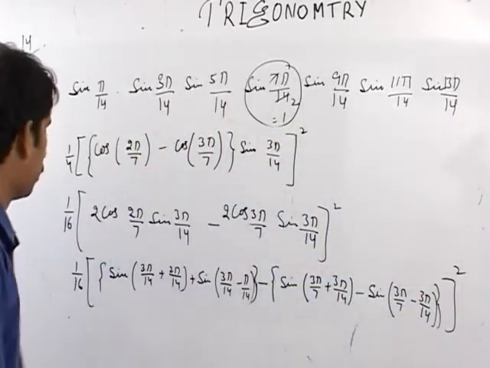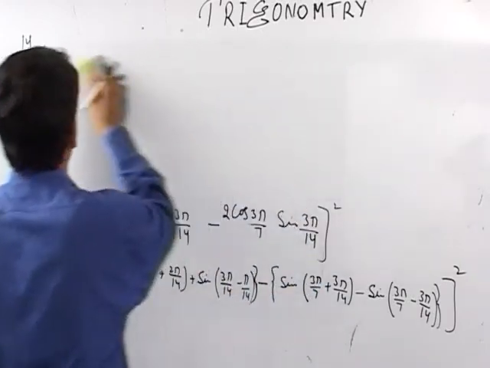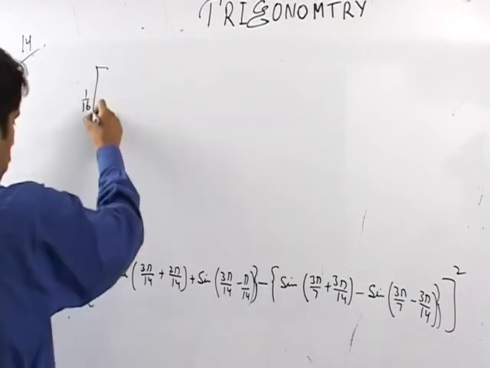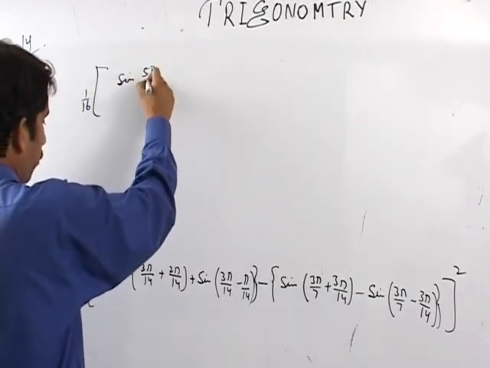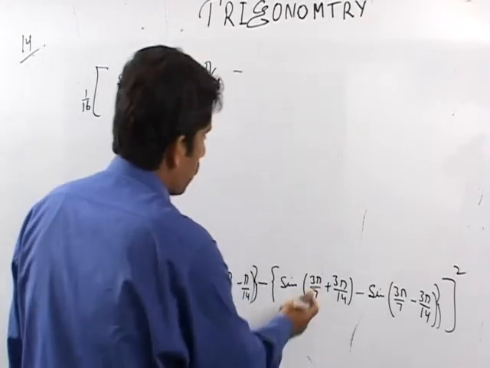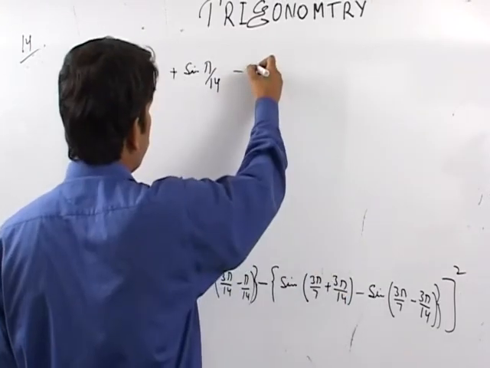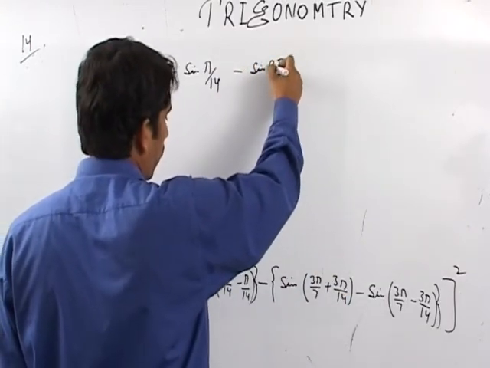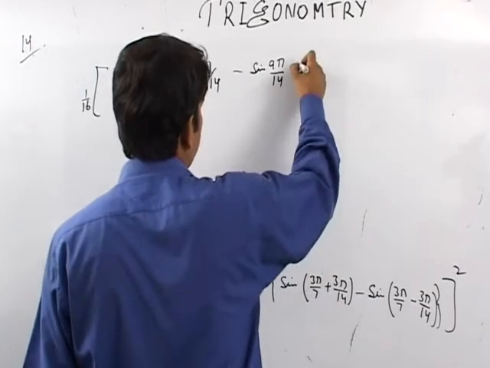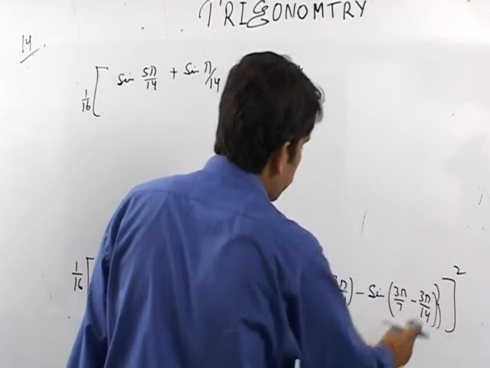Whole square. Now this will be equal to 1 by 16 [sin of 5 pi by 14 plus sin of pi by 14 minus sin 9 pi by 14 ...] and this is equal to minus sin of 3 pi by 7 minus 3 pi by 14.